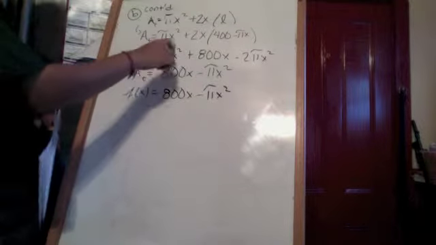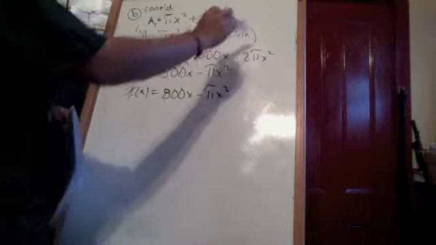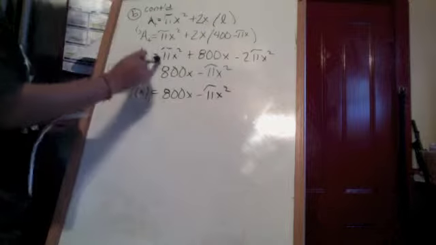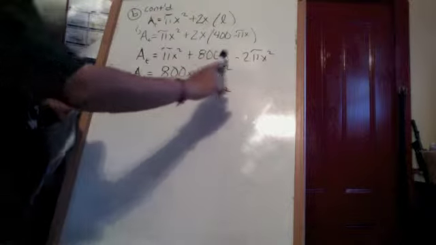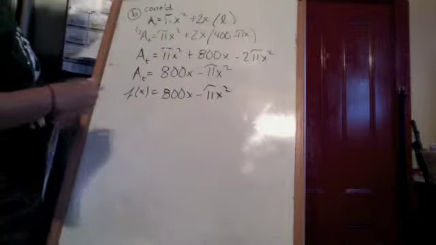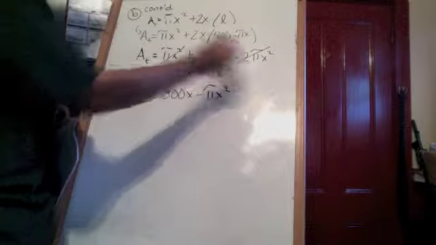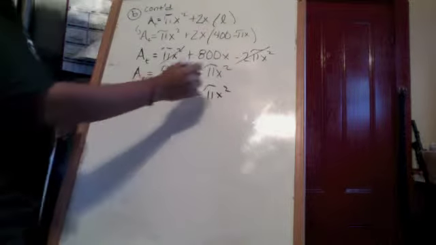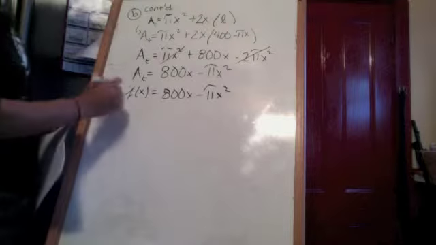So we got AT equals pi x squared plus 2x times 400 minus pi x. Now simplifying that, AT equals pi x squared plus 800x minus 2 pi x squared, and then AT equals 800x minus pi x squared, because pi x squared minus 2 pi x squared is equal to negative pi x squared.